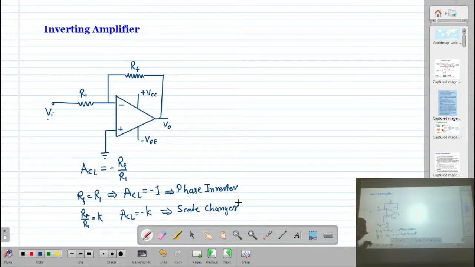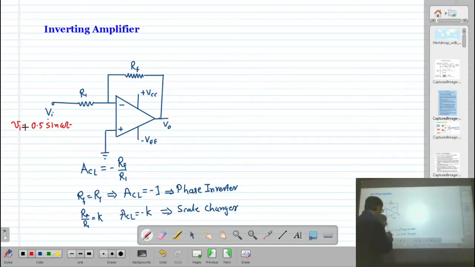Now let us say we apply an input signal VI equal to 0.5 sine omega t. Then what will be the output voltage?